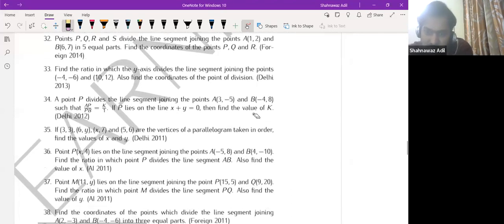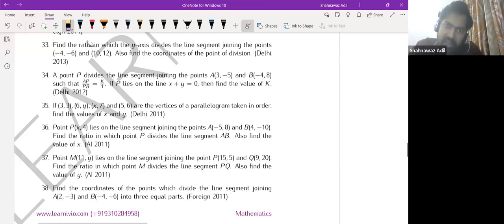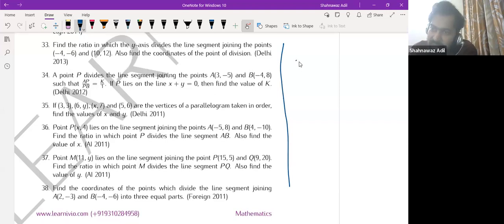Then all the questions are the same. To find the ratio in which y divides the line segment, all these are repetitive. Parallelogram, again parallelogram. The kinds of questions you can get from this section: one would be that they will say the x-axis or y-axis is dividing the line.